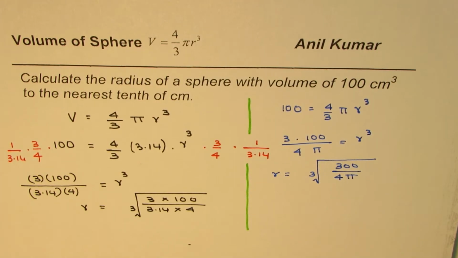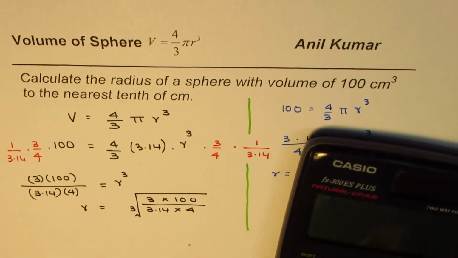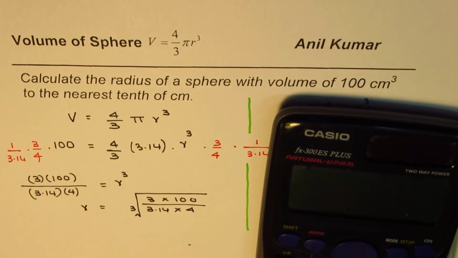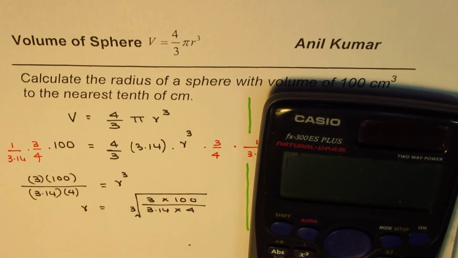Anyway, let's use the calculator now to find the cube root of what we have here. So let's put all this within brackets. So we have bracket 3 times 100 divided by, within brackets, 4 times 3.14, bracket close.